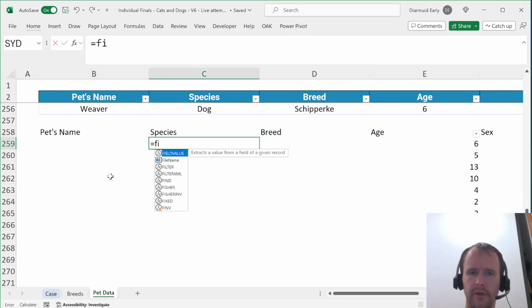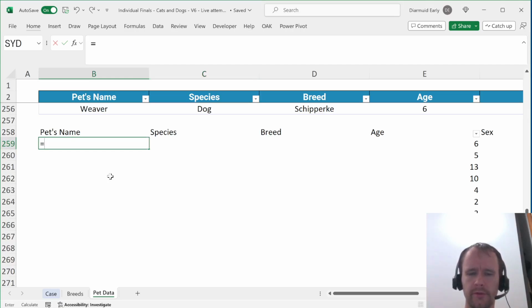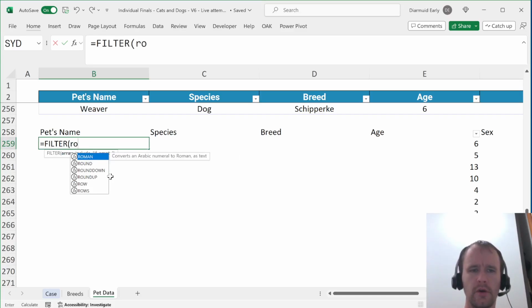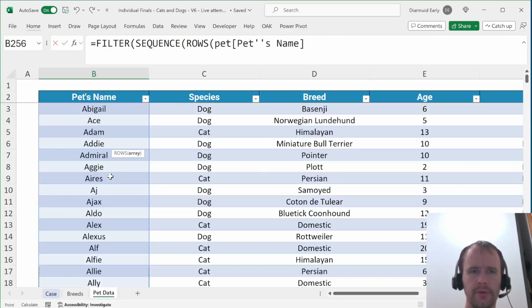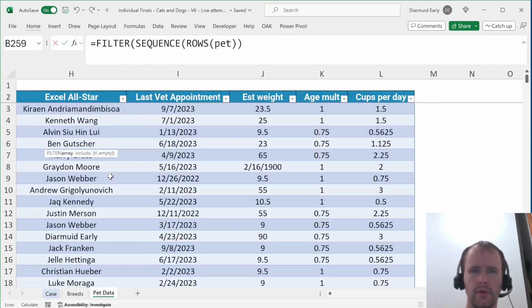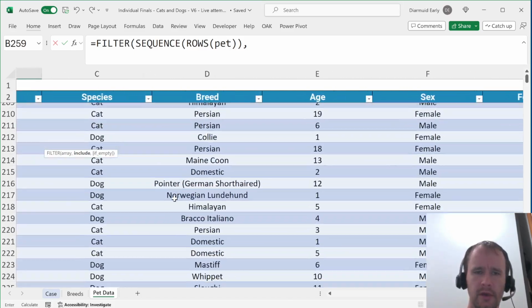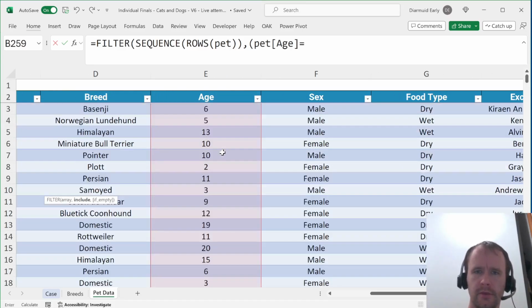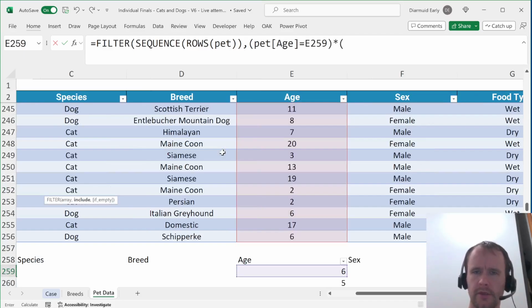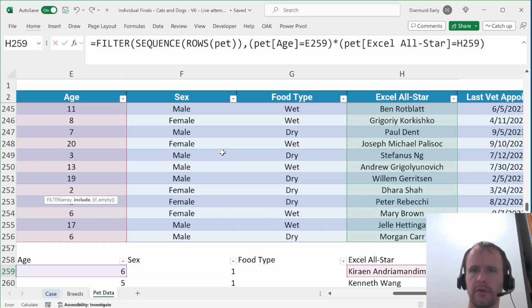So here we're going to say filter. Wait, actually, let's do this. Let's do filter, sequence rows of this table, and then I want to filter it to, I basically want to know what rows have this in them. So it's going to be this equals this times this equals this.